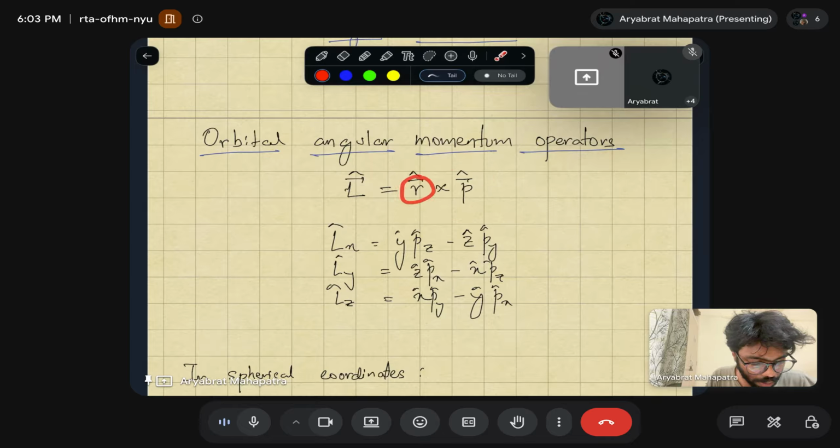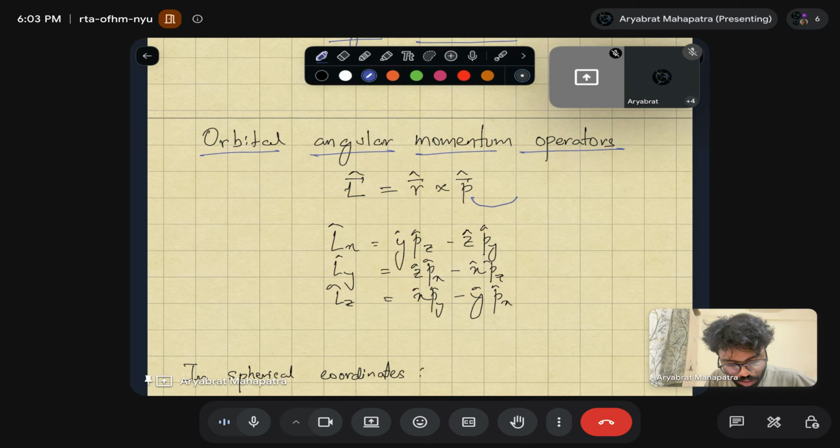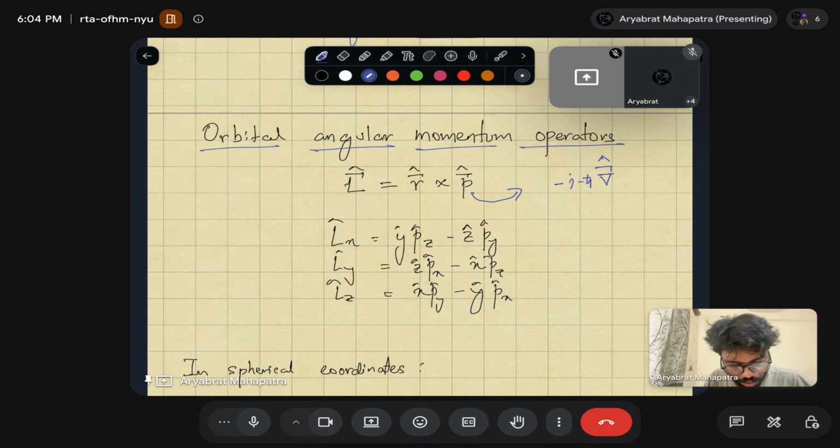This is your position operator and your momentum operator, and the momentum operator is given by minus i h bar grad.